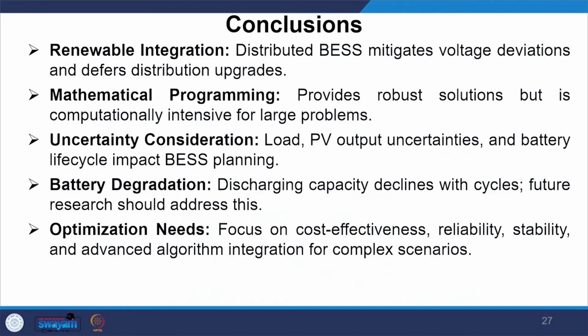To conclude, distributed battery energy storage systems mitigate voltage deviations and defer distribution upgrades, and provide robust solutions, but are computationally intensive for large problems. Load, PV output uncertainties, and battery life cycle impact the planning of battery energy storage systems.